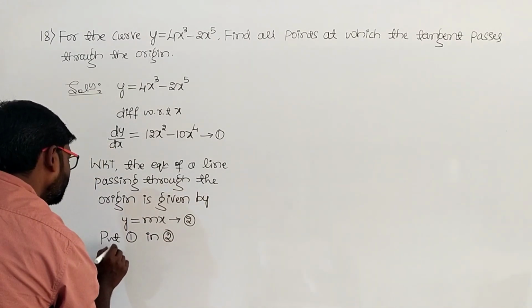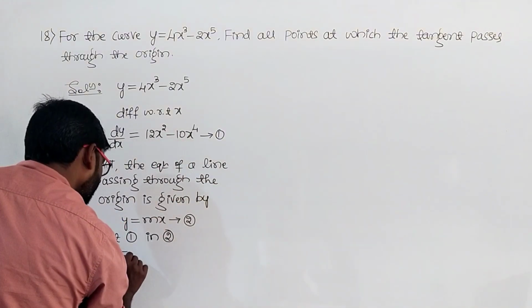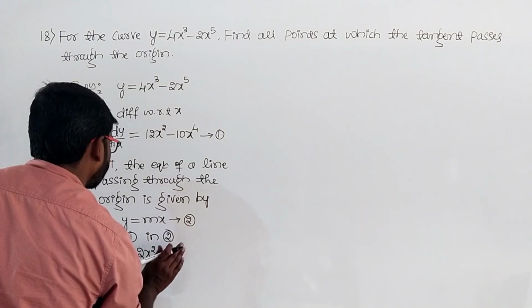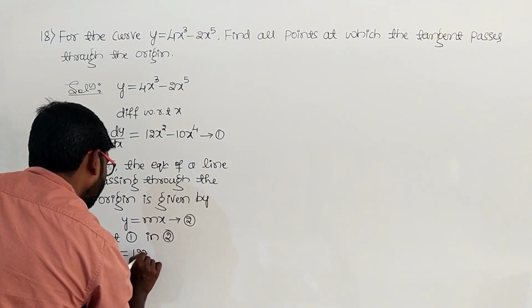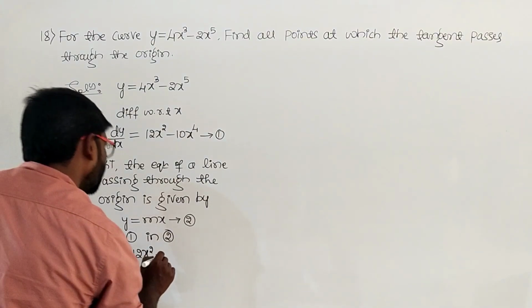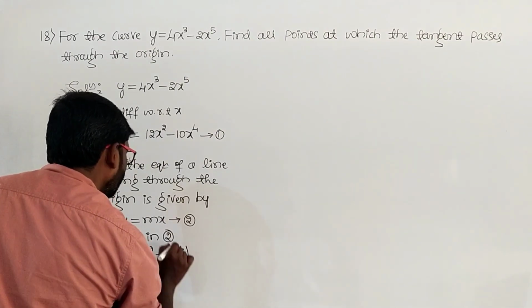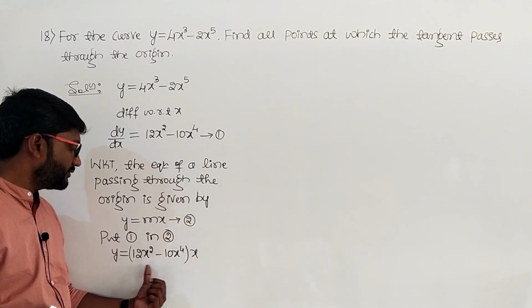So what do we get now? y equals m, which is 12x square minus 10x to the power 4, into x. Now we have to multiply x with these two terms.